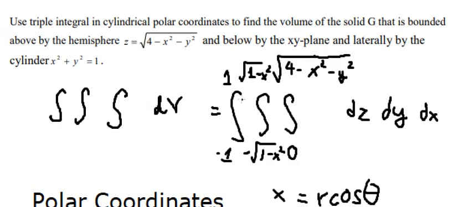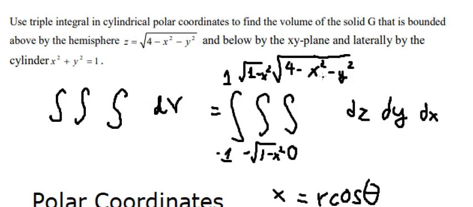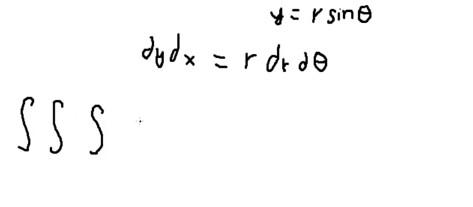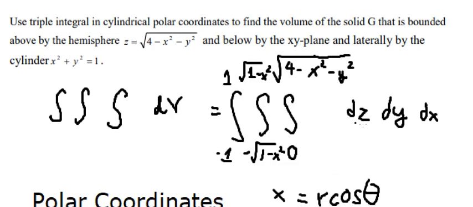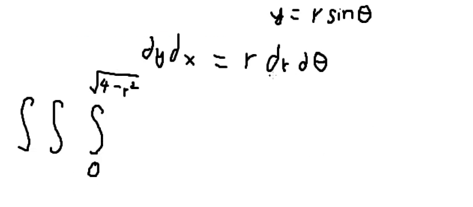So we put everything in here. We put x squared and y squared, that is from here, and we have the square root of 4 minus r squared, and about this one, this is dy dx, we change for r dr d theta.